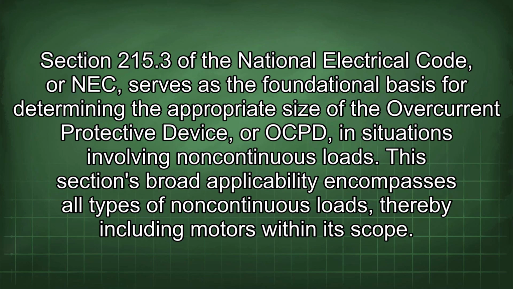Section 215.3 of the National Electrical Code, or NEC, serves as the foundational basis for determining the appropriate size of the overcurrent protective device, or OCPD, in situations involving non-continuous loads. This section's broad applicability encompasses all types of non-continuous loads, thereby including motors within its scope.